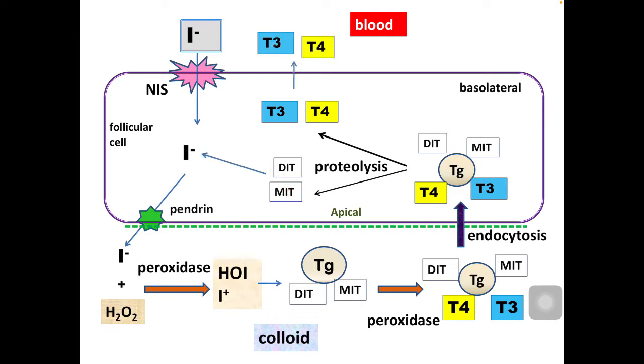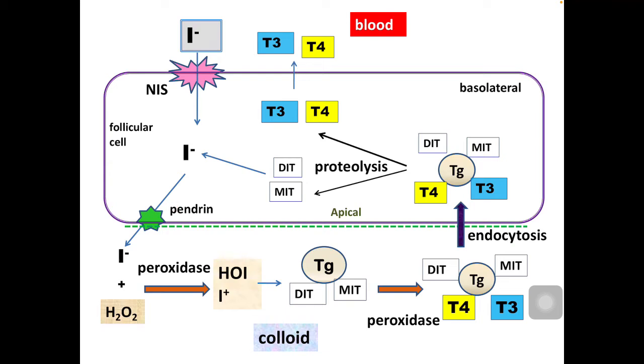T3 and T4 are released into the bloodstream and secreted as thyroid hormones, while DIT and MIT form a source of iodide for the synthesis of T3 and T4 again. Basically they are recycled back.